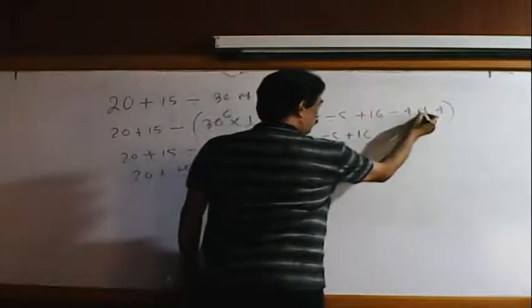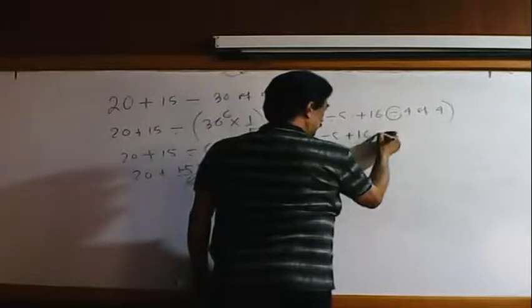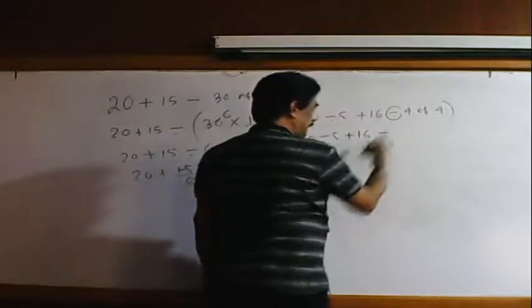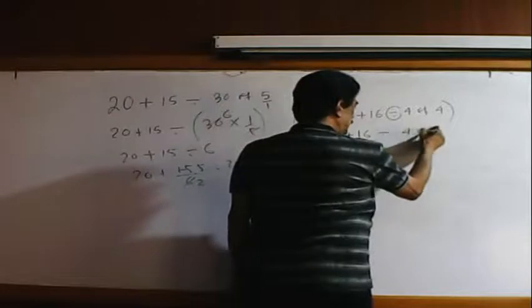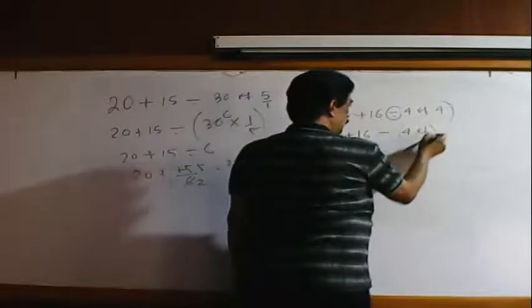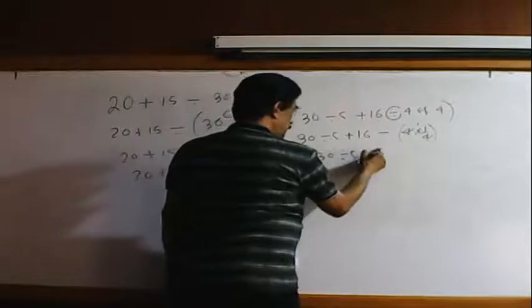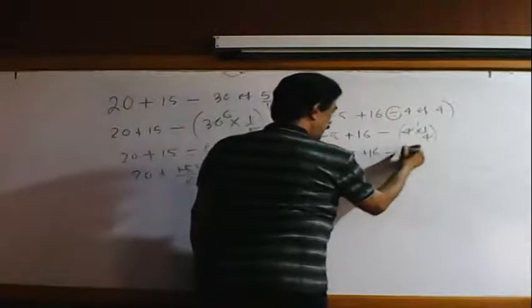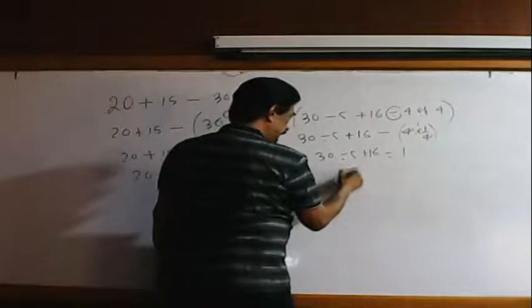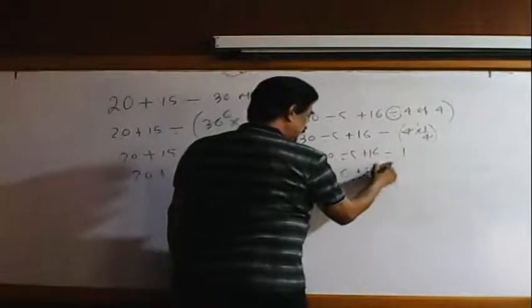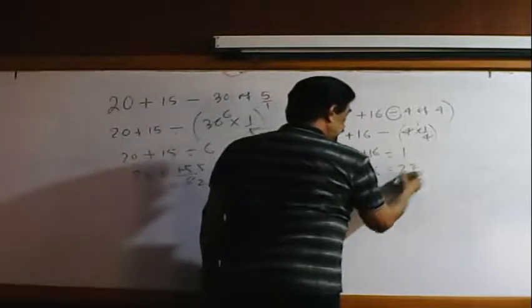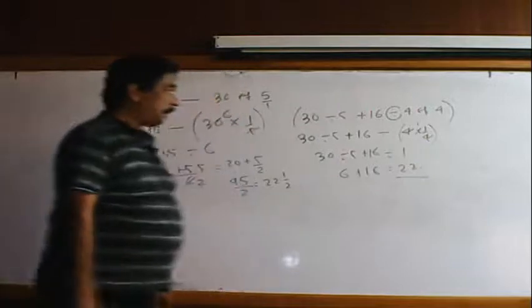For 16, before the of sign there is a division sign, so this division is pending. 4 into 1 by 4, so this is 1. So now 30 by 5 plus 16 divided by 1. Your result is 30 by 5 is 6 and 16 by 1 is 16, so the result is 22. Be careful about this of.